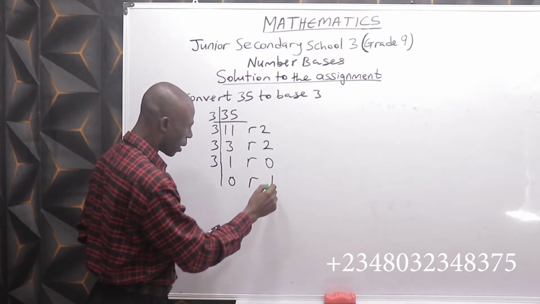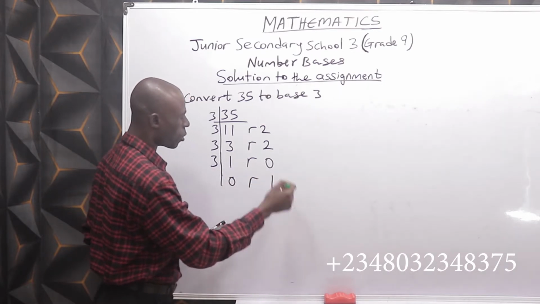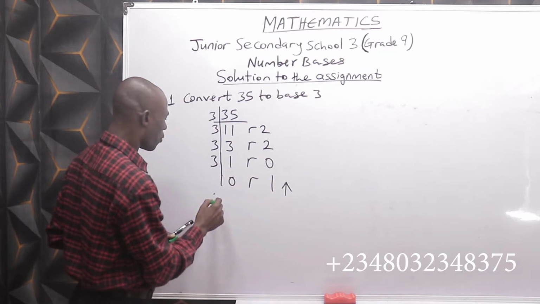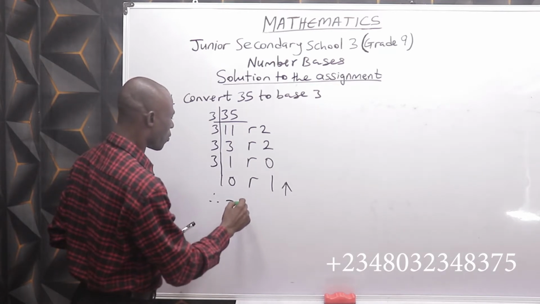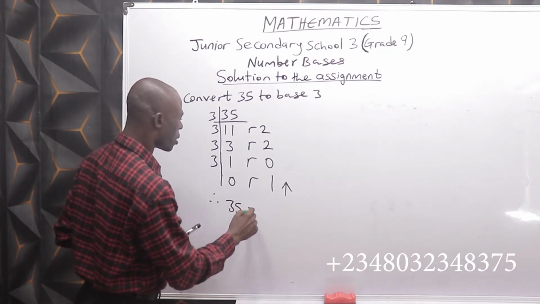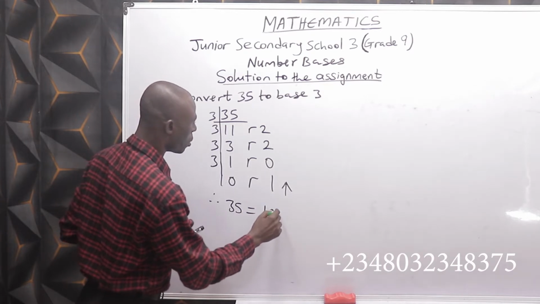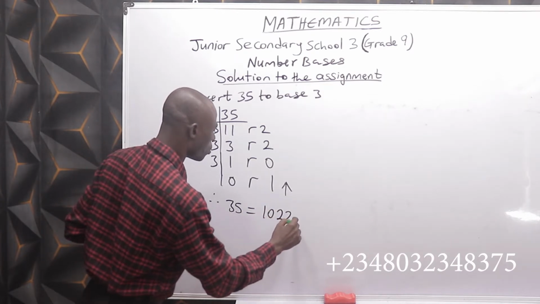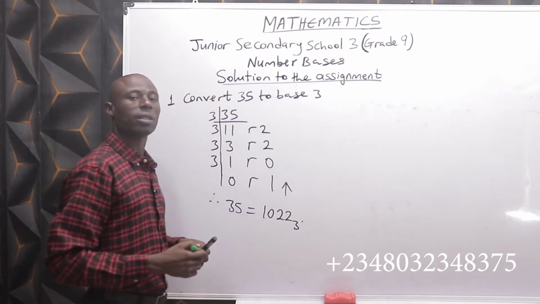Repeat this, and you pick your answer from under. Therefore, 35 base 10 is equal to 1022 base 3. That is it.